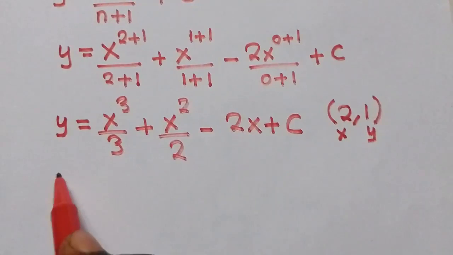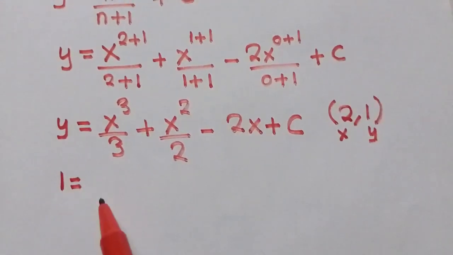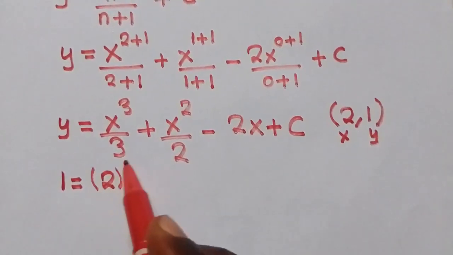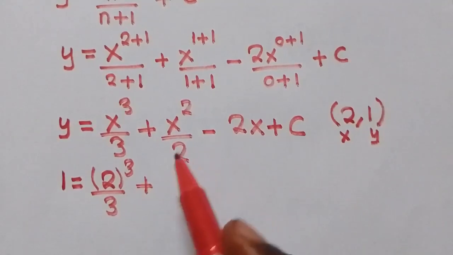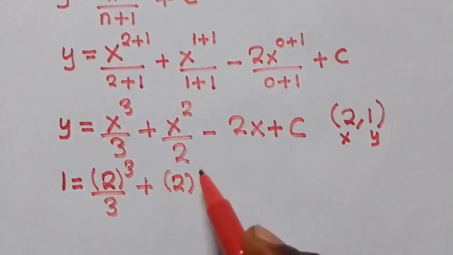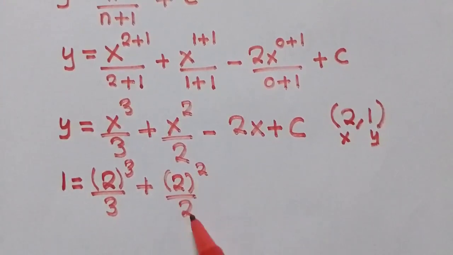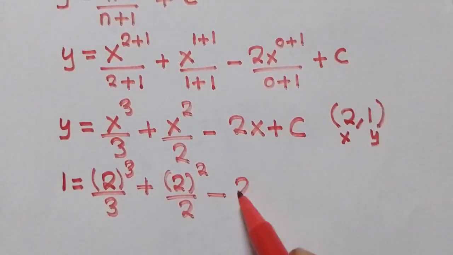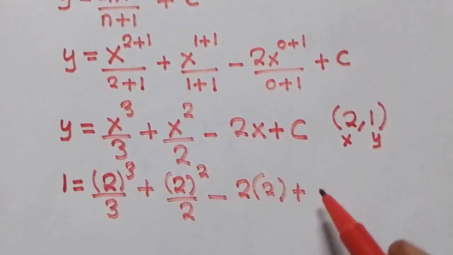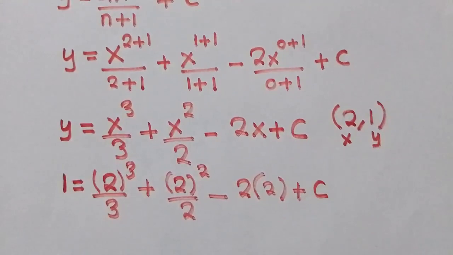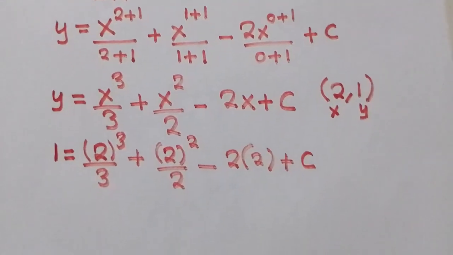You are going to say 1 is equal to, where there is x, you put 2. So you say this is 2 to the power 3 over 3, plus 2 to the power 2 over 2, minus 2 multiplied by 2, plus C. After you reach here, what is your main aim, why are you doing all this?